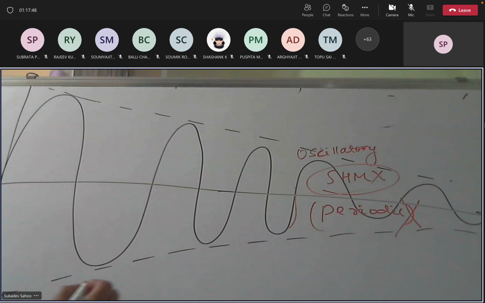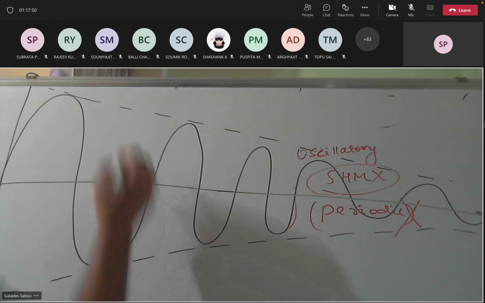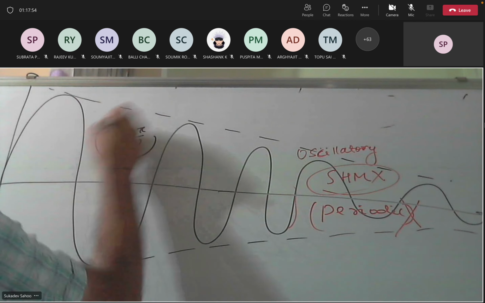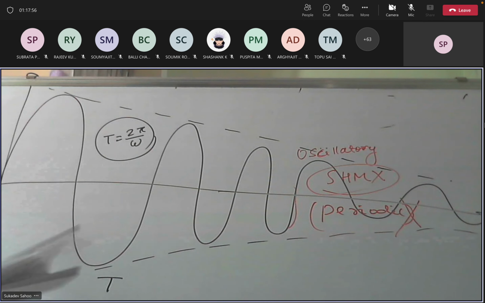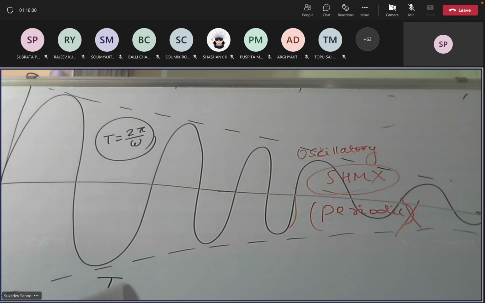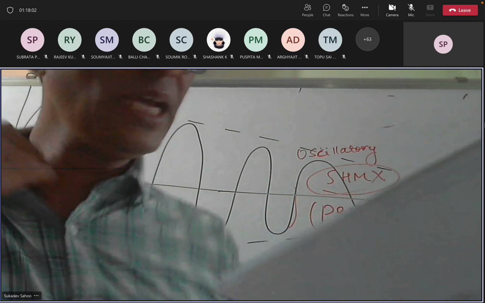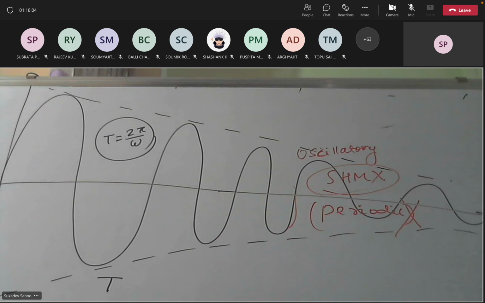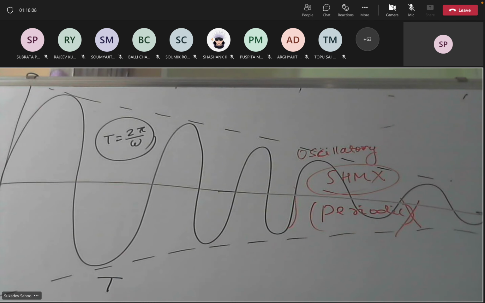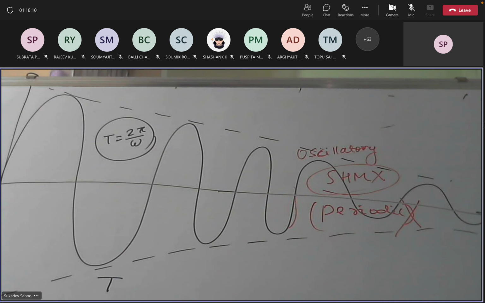However, it has a time period T equal to 2 pi by omega. Very carefully note down this point: which is the time interval between two alternate zeros of displacement.